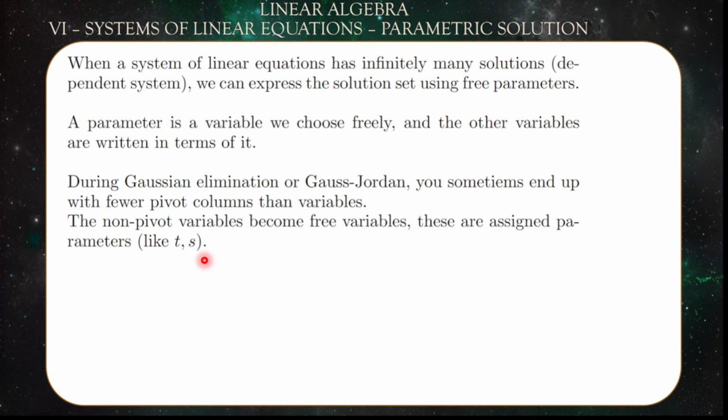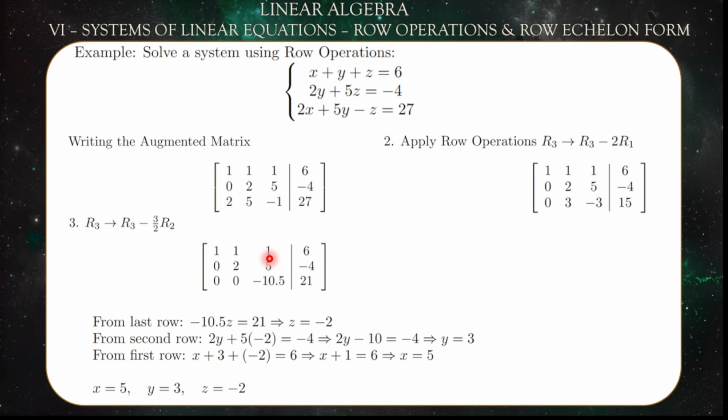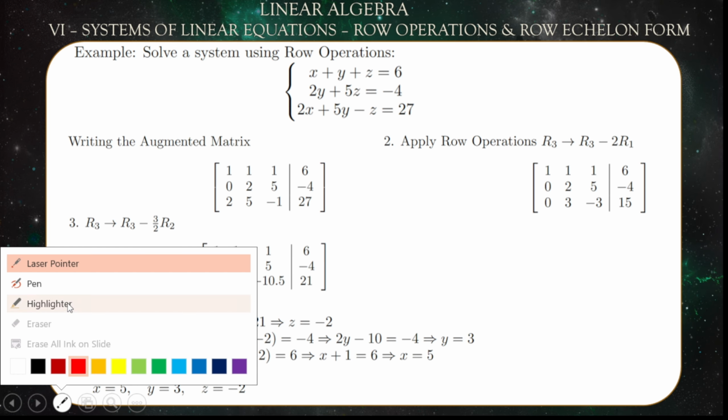For instance, if we go back to the former example, let's say we cannot solve z. Why? Because consider we had only 2 equations. Like, for instance, x plus y plus z is equal to 6, and 2x plus 5y minus z is equal to 27.